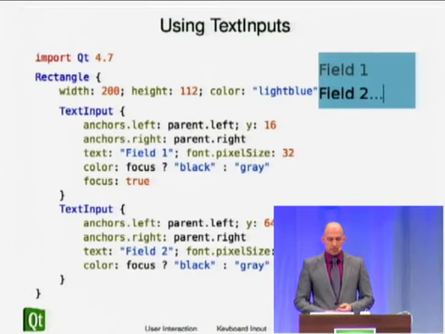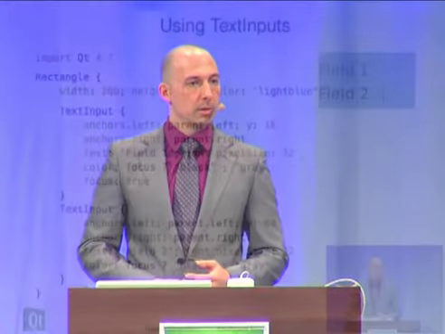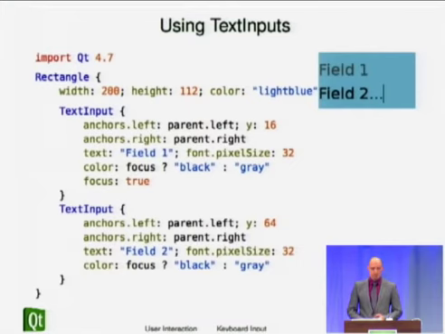And we set some initial text on it, give it a pixel size, and then we decide that it should have a different color if it has focus. So this is now referencing the Boolean focus property, and it's binding the change to that focus property to the color. So this is the property binding way of doing it. And then initially we set the focus to true on this one, but not any of the others, otherwise there'll be a conflict. The second one looks much the same.